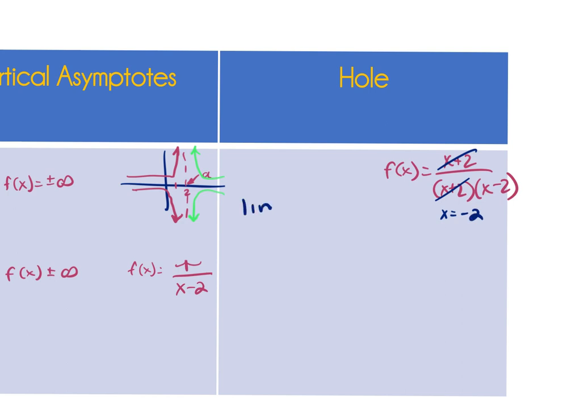So my limit is going to be specific to that as x approaches negative 2 from the left and as x approaches negative 2 from the right. And both of these limits are the y coordinate of your hole. So you literally just have to take this and plug it back in. 1 over negative 2 minus 2 was 1 over negative 4, or negative 1/4.